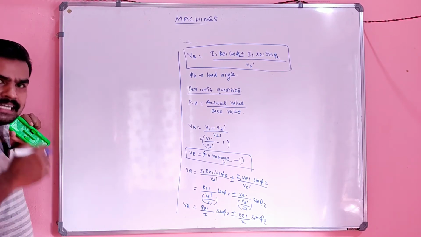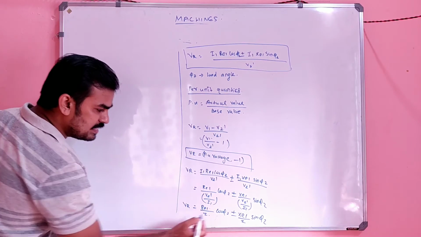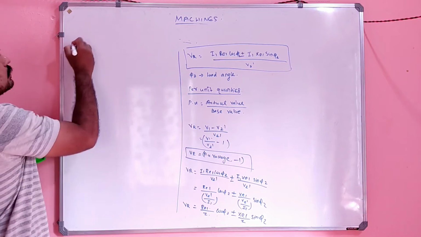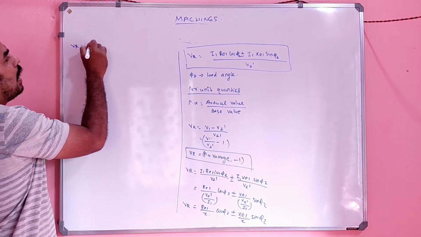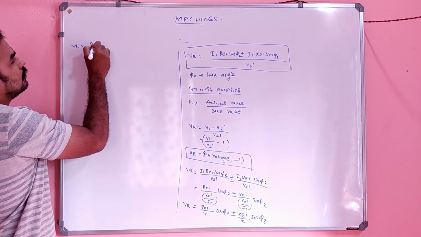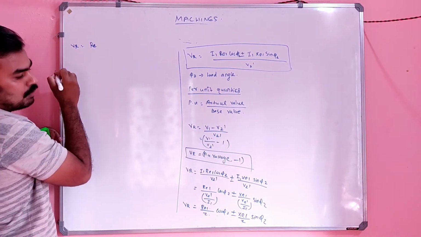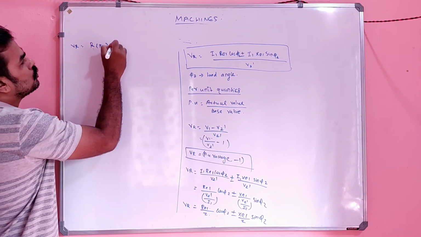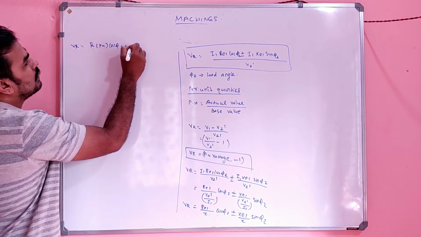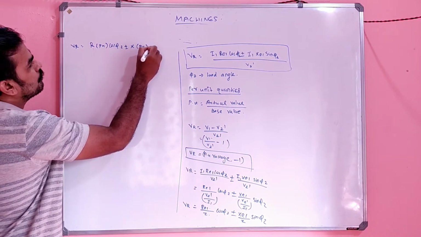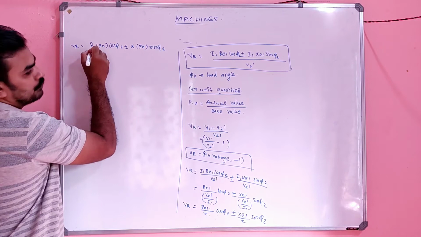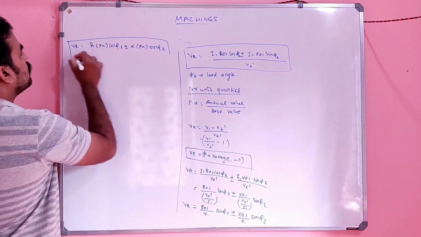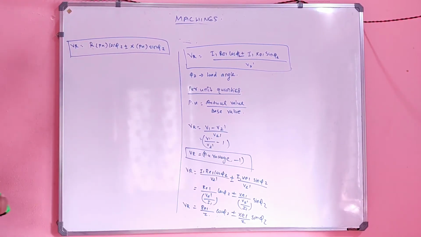Suppose this RE1 is the actual value and Z is the base value of impedance, then RE1 by Z can be represented as R equivalent, RE1, or simply R per unit, cos phi 2 plus or minus X per unit sin phi 2. This is another excellent equation for solving voltage regulation.